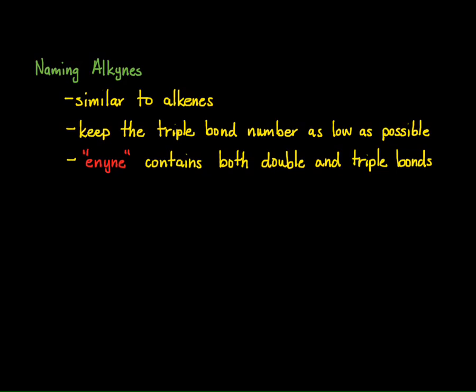What happens if in one direction the double bond gets the lowest location, and in the other numbering scheme the triple bond gets the lowest number? It happens that the double bond beats out the triple bond if there is a tie in the direction of the numbering system. We'll look at an example of this.